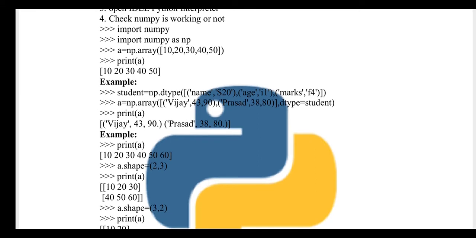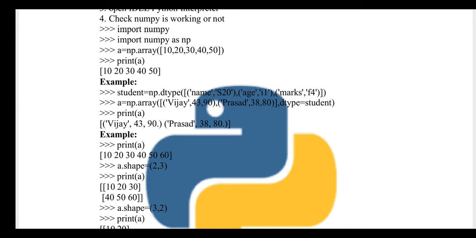In the second example, we are taking a student array. We are specifying the data type for that. The dtype we mention over here is name S20, age I1 and marks F4.